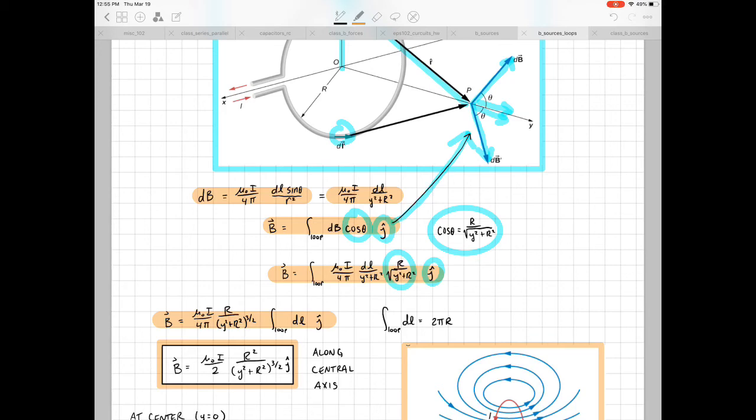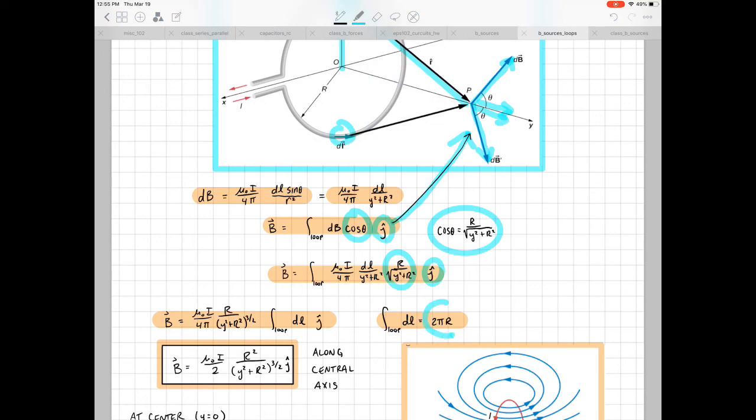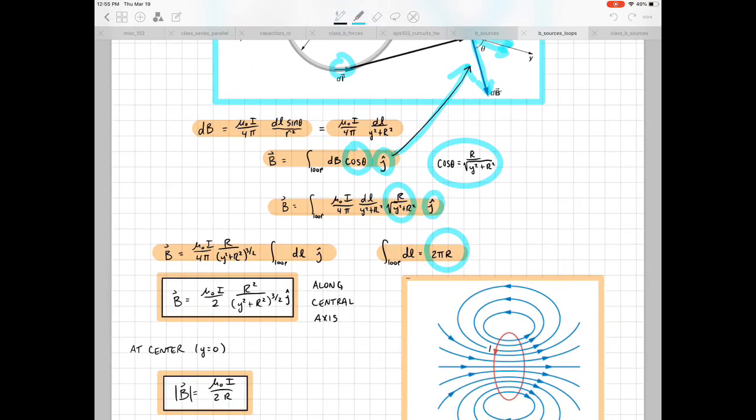And so all we're going to do is integrate dl over the loop, which is equal to the circumference of the loop, 2 pi R. So I get to immediately substitute 2 pi R for this. When I do that, I get this expression down here.